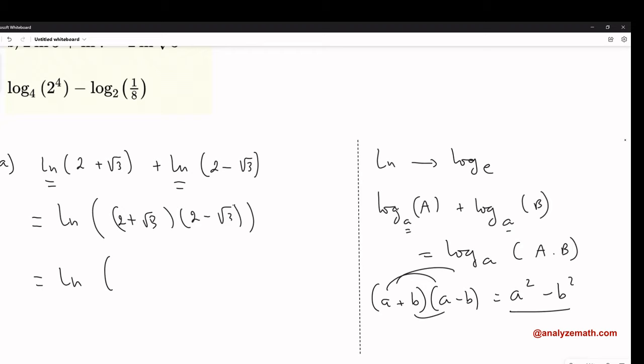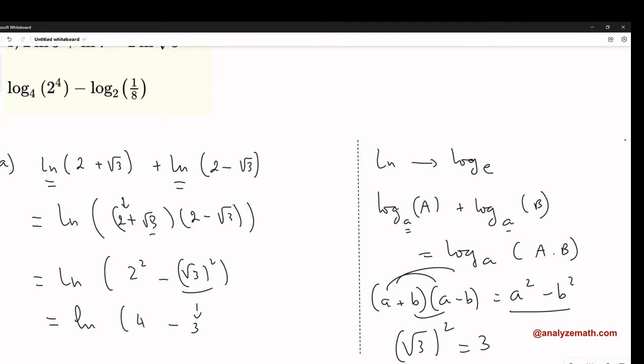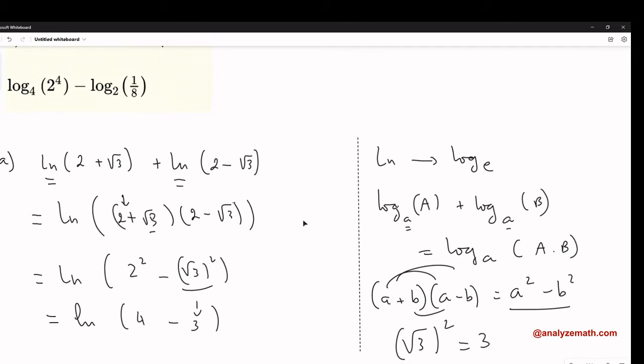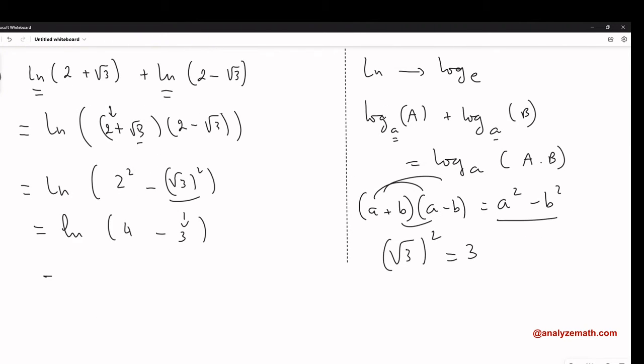This is equal to ln of a square, 2 square, minus b square, square root of 3 square. 2 square is 4. Now square root of 3 and then you square it, that gives you 3. So all this gives me 3 with a minus here, and then this gives ln of 4 minus 3, that is ln of 1, and ln of 1 we know is equal to 0.